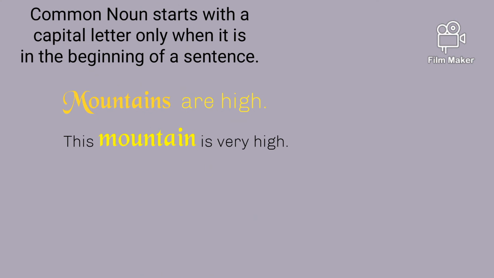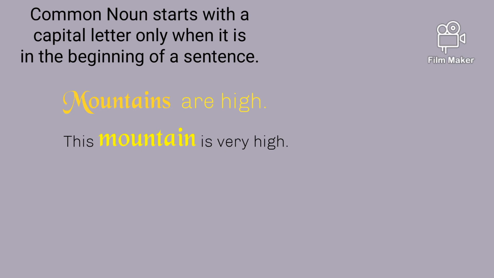And it's in the beginning of the sentence. And common noun starts with a capital letter only when it is in the beginning of a sentence. So here common noun also starts with a capital letter, but only when it is in the beginning of a sentence. Like mountains are high. So here mountains are common noun because mountains has not got any particular name, no? Right? So if mountain has got a particular name like Himalaya, for example, then it becomes a proper noun.